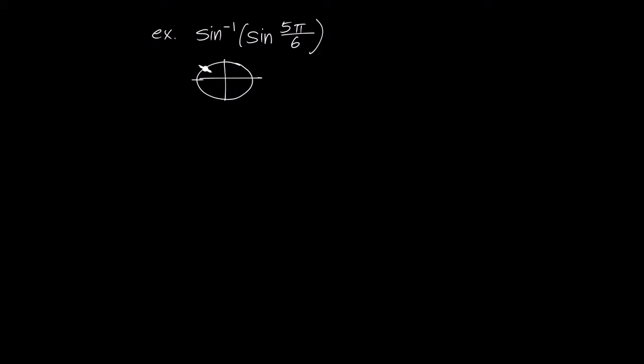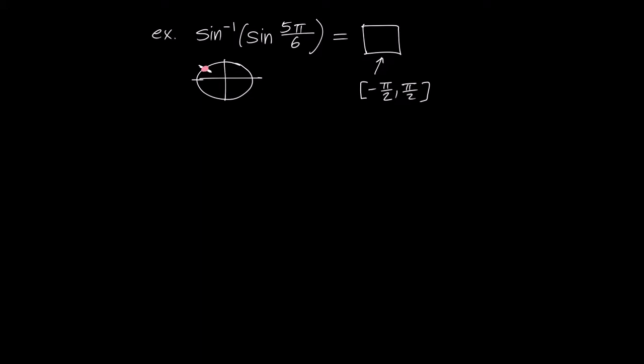Okay, now remember, whatever this equals has to be in the range negative pi over 2 to pi over 2. Quadrants 1 or 4. However, as you can see, 5 pi over 6 is not in quadrant 1 or 4. So we have to come up with an angle in quadrant 1 or 4 that has the same sine value as the sine value at 5 pi over 6.